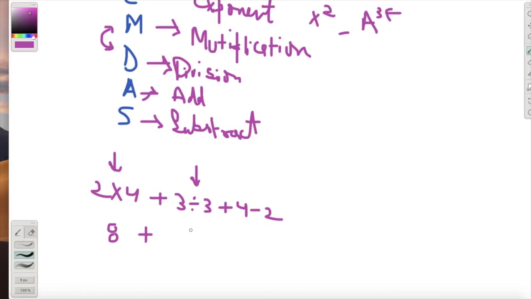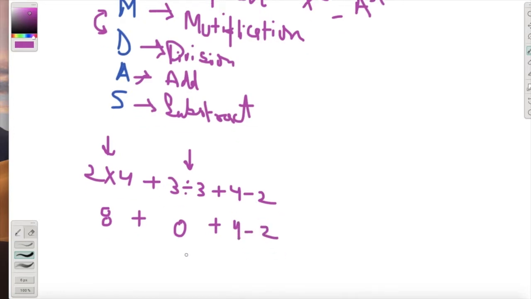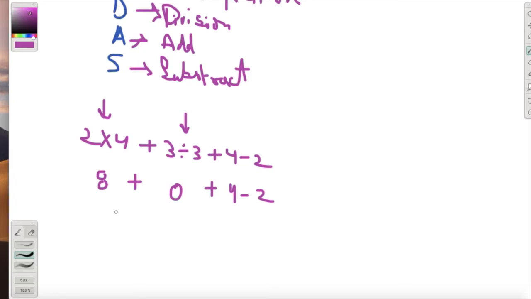Then plus 4 minus 2. Now our next is plus and then minus.